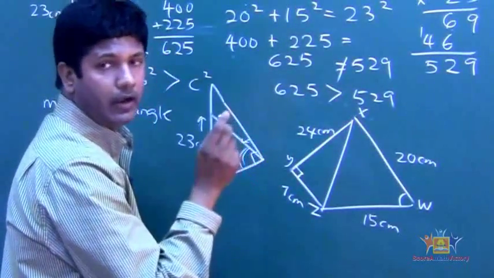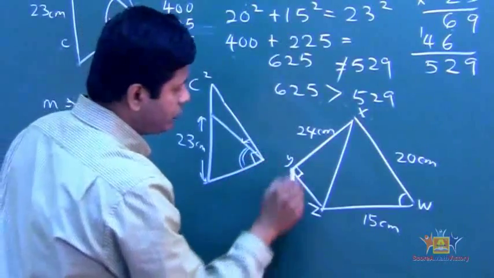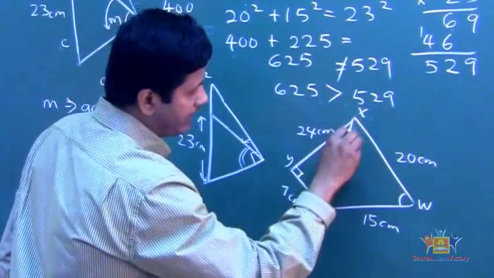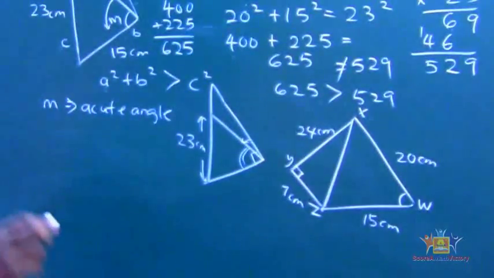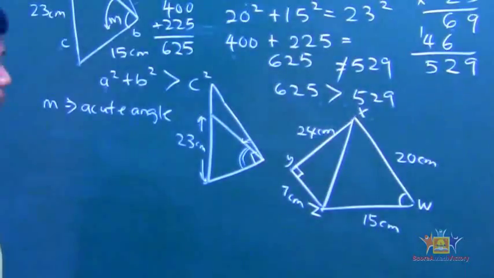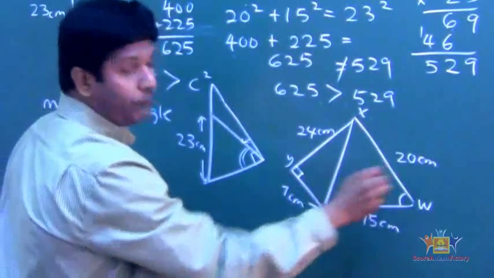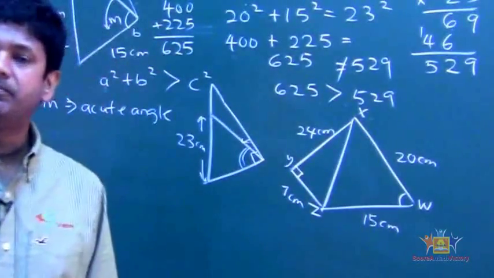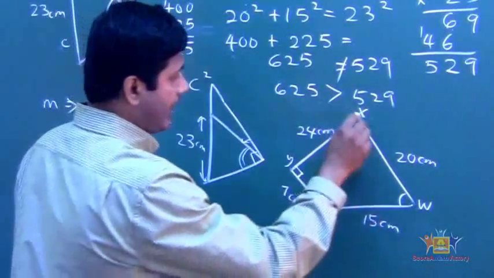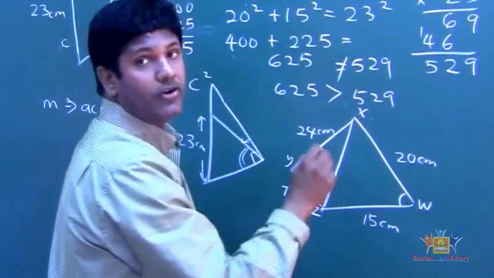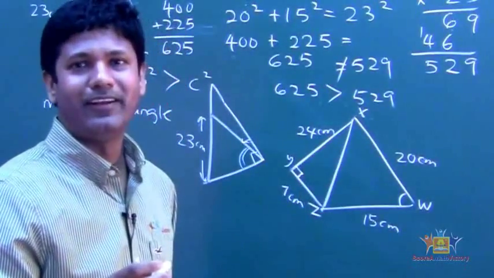That means we first use this information to find the length of that. Once we know the length, then we use the Pythagoras theorem, a squared plus b squared equals c squared. If these three fulfill that, that tells us that XWZ is a right angle triangle.